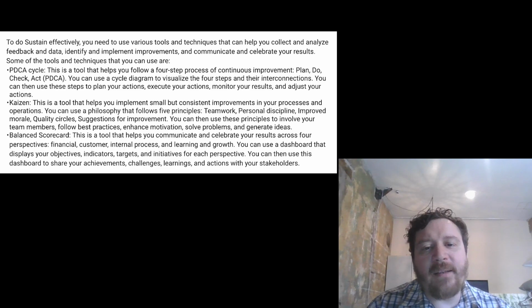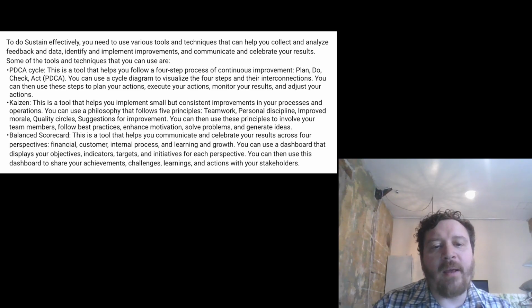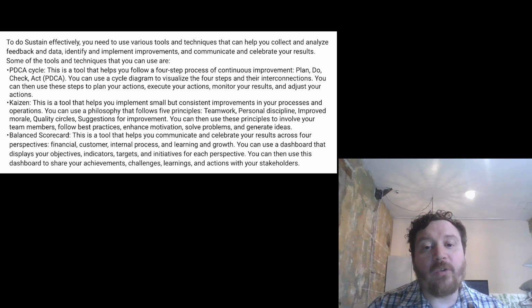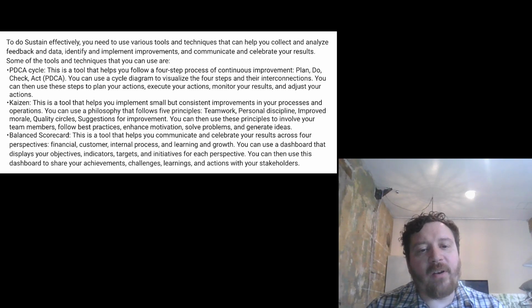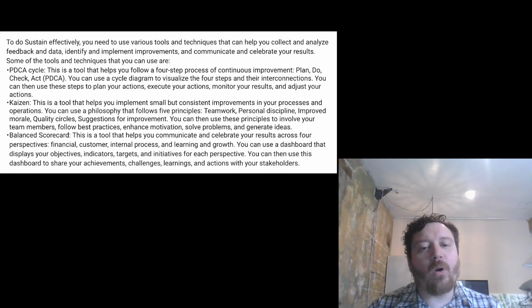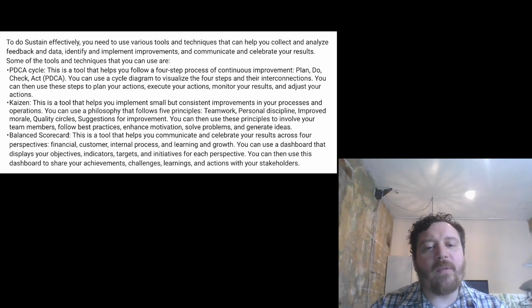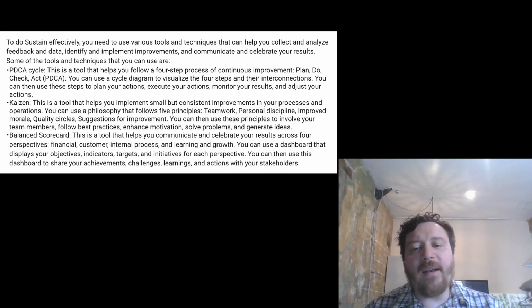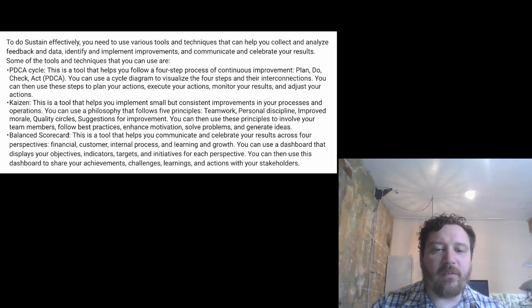We generated ideas and suggestions for improvement in our processes and operations using various tools and techniques. We encouraged creativity, innovation, and experimentation among our team members. Balanced scorecard. We communicated and celebrated our results across 4 perspectives, using a dashboard that displayed our objectives, indicators, targets, and initiatives for each perspective.